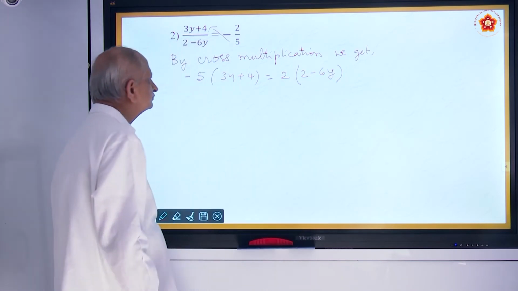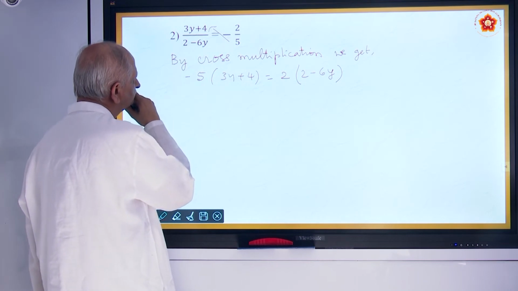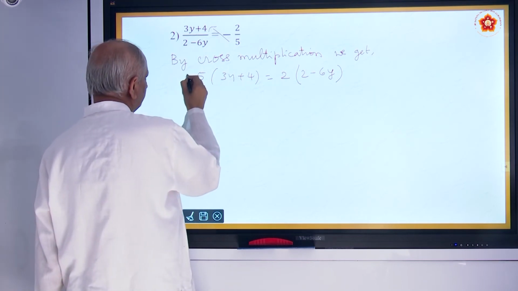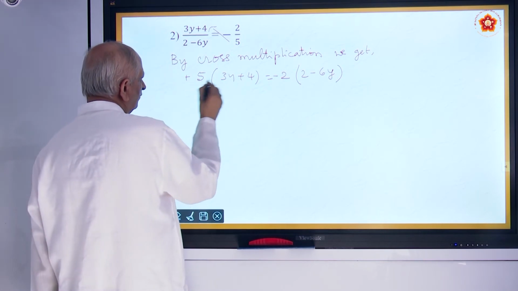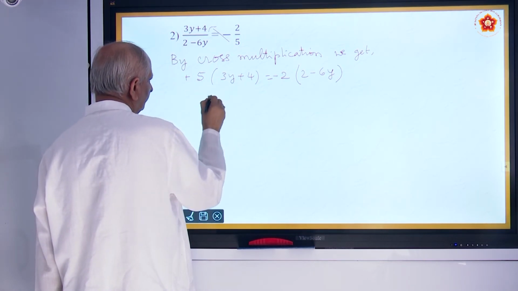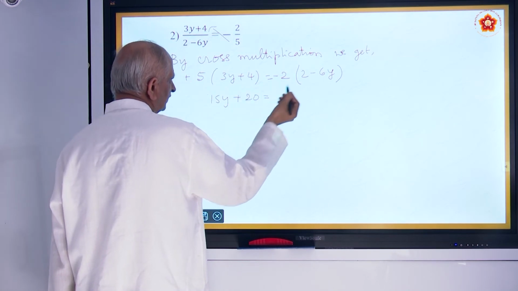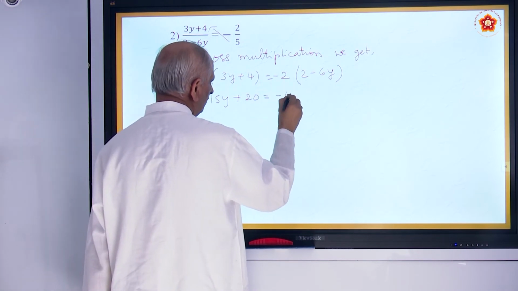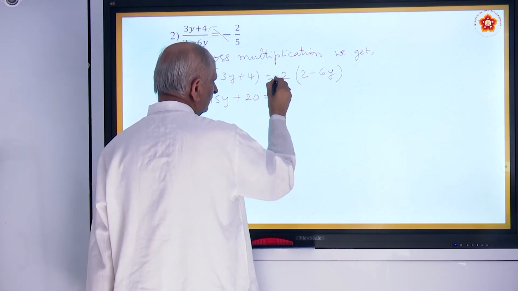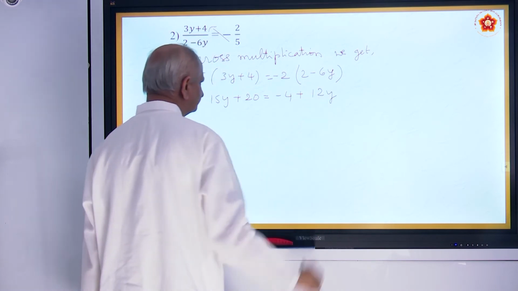Now what do you get? 5 3s are... or you can take this as plus and this as minus. Anyway, now 5 into 3 is 15y, 5 4s are 20, and this is equal to minus into minus, minus 4, minus into plus is minus, minus into minus is plus, 2 6s are 12y.